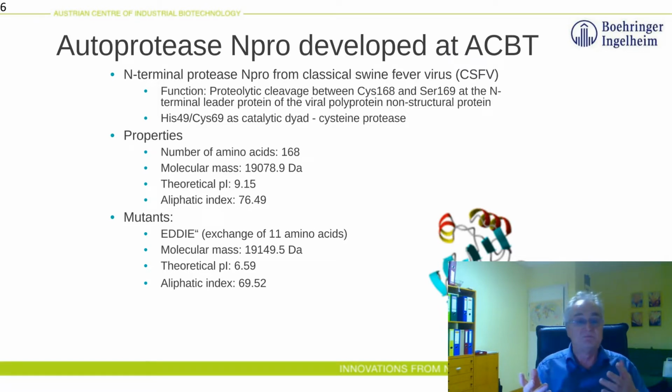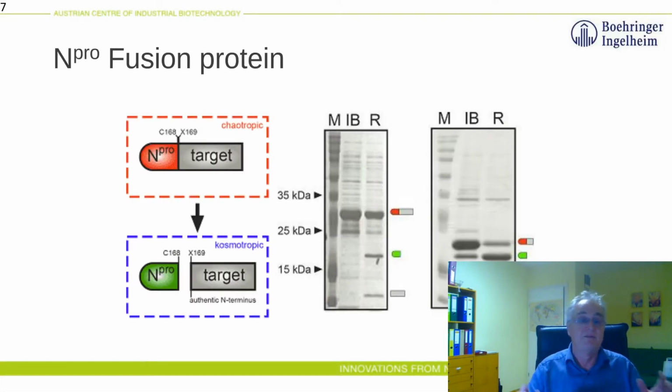It is rather big, and we made a mutant of this Npro. And this is quite interesting, what you see here for this kind of decay when you do this Npro fusion. You see on the left-hand side the Npro, in red, with the target.